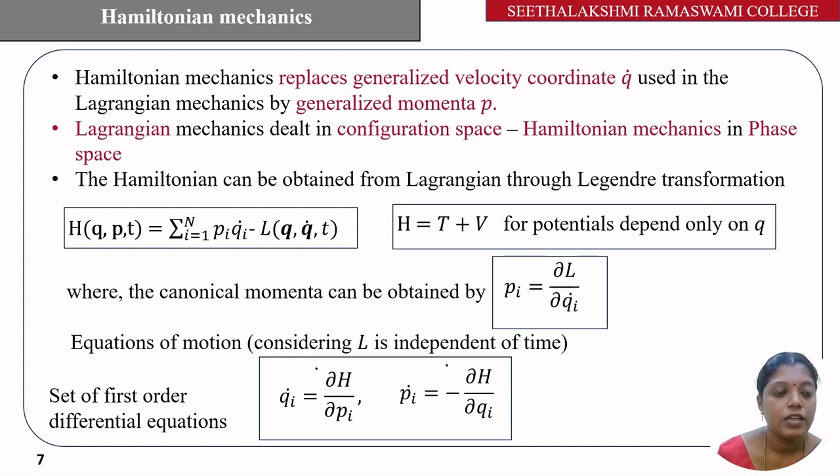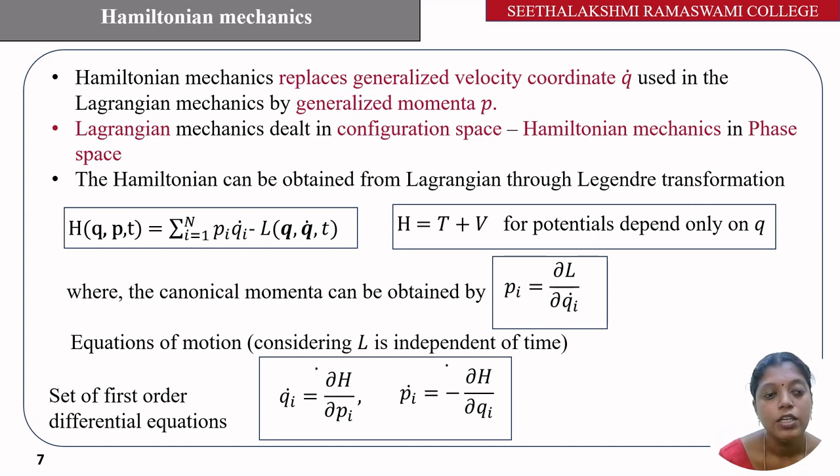With this, I'll illustrate how to obtain the Hamiltonian. The Hamiltonian is obtained from the Lagrangian itself through a Legendre transformation. I have given the form of the Legendre transformation needed to compute the Hamiltonian. It is just the summation over i equal to 1 to n of p_i q_i dot minus L. Here you need to replace velocity by momentum coordinates.